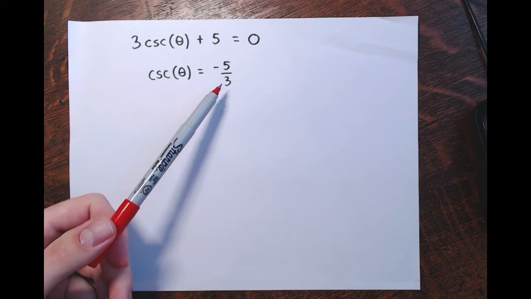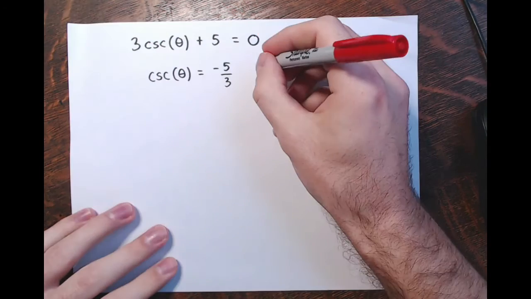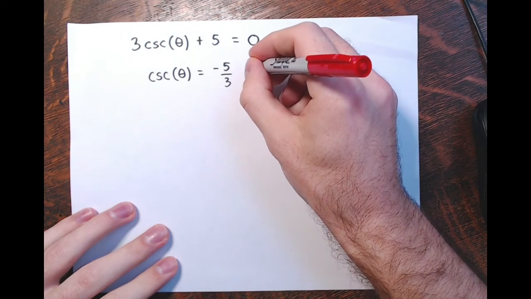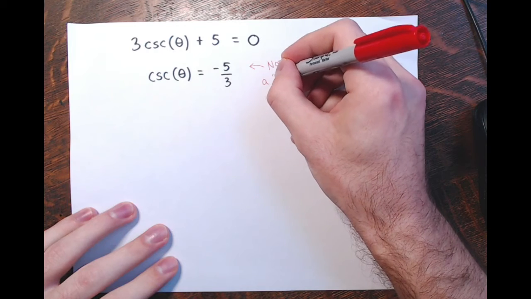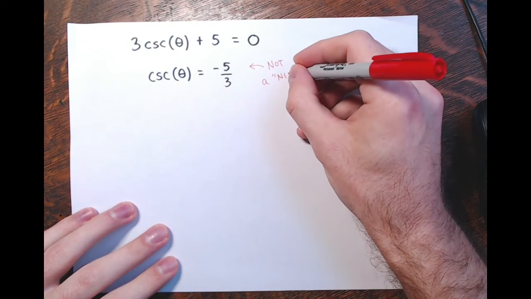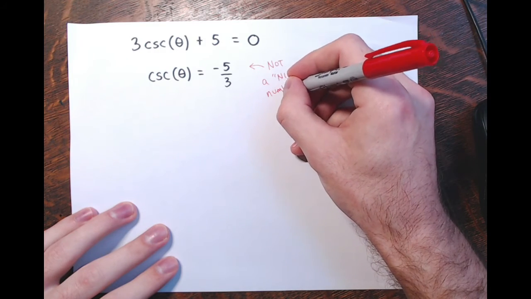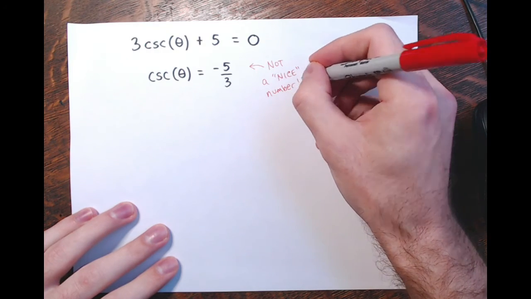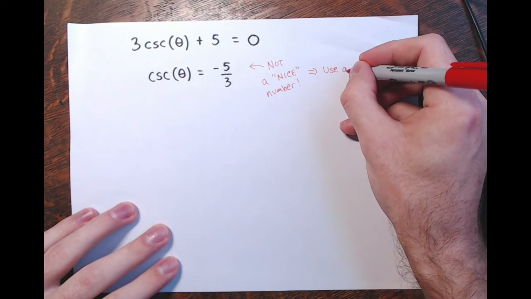It's not square root of 2 or negative square root of 2 or 2 root 3 over 3, stuff like that. So this is not a nice number when we're talking cosecant. So that means we're going to have to use a calculator to help us out.